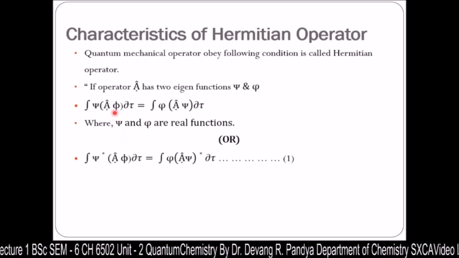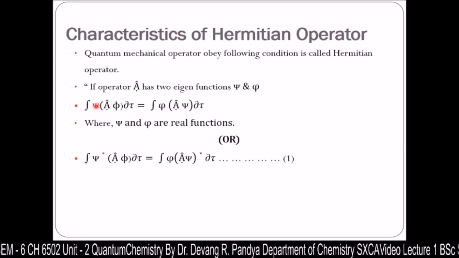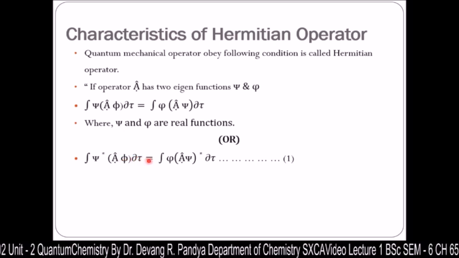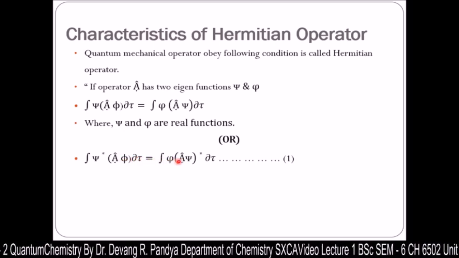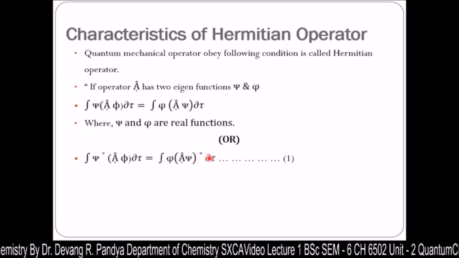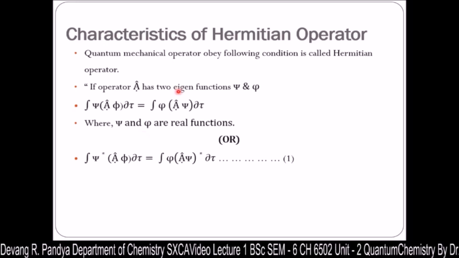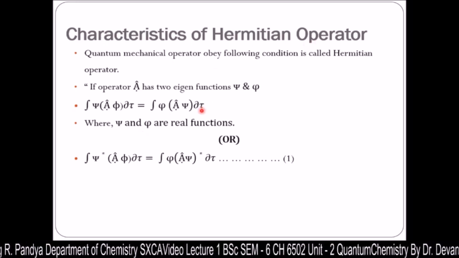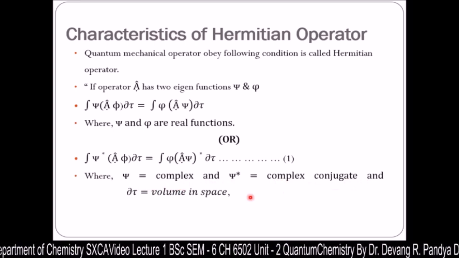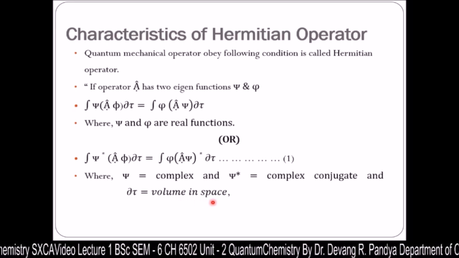The other way you can indicate it is: the integral of psi star, the complex conjugate of the wave function psi, times operator A operating on phi dτ, is equal to the integral of phi times operator A operating on psi, whole complex conjugate, dτ. That is also equal. So both conditions are known as Hermitian operator conditions, where psi is complex, psi star is the complex conjugate, and dτ is a volume element in space in x, y and z Cartesian coordinates.